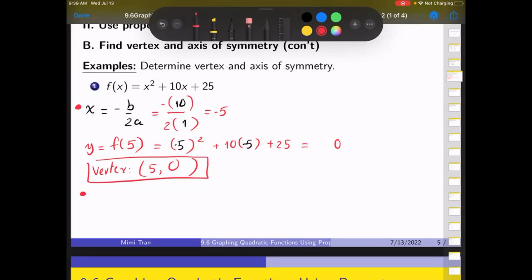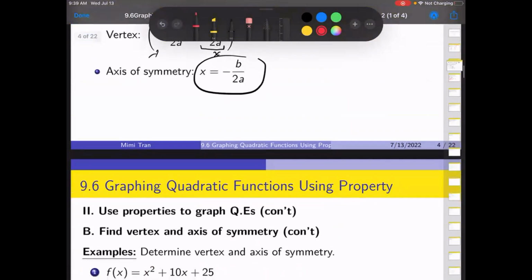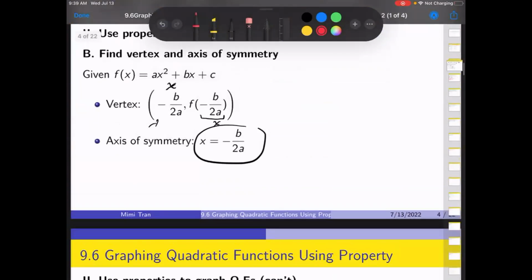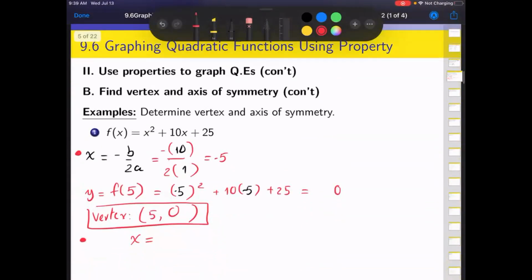All right, so the axis of symmetry is what? Someone tell me, according to the theory, what's the axis of symmetry? x equals what? Anyone from Zoom? According to the theory right here, x equals -b/2a. So x equals -5.